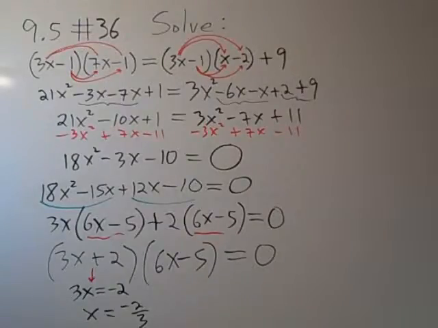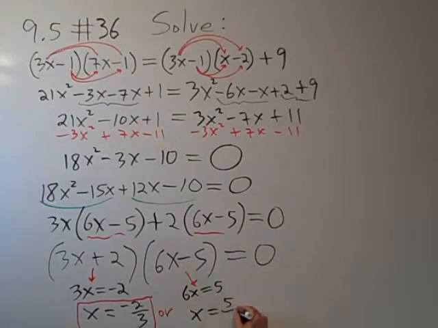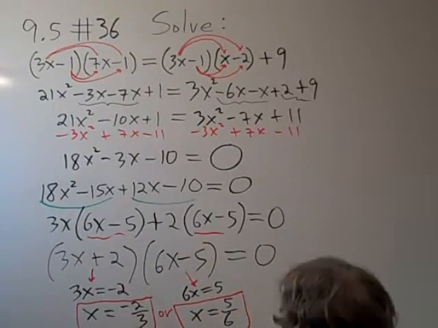That's one of our solutions then. X equals negative 2/3. Or from this one, this factor is 0 when 6x is equal to 5. So that's when x is equal to 5/6. So that's our second solution to this quadratic equation.